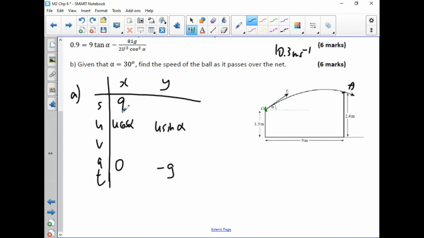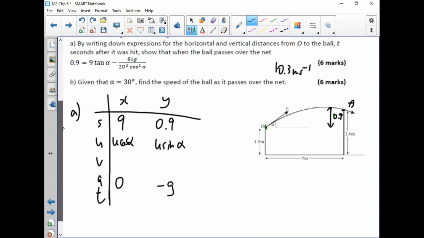So Sx is 9, but Sy is not 2.4, because the ball will only travel the difference of 2.4 and 1.5, which is 0.9. So Sy is 0.9 because the net height that we gain is 0.9.